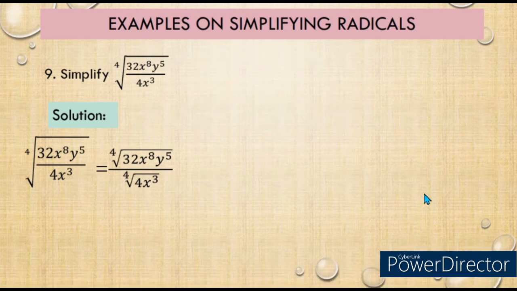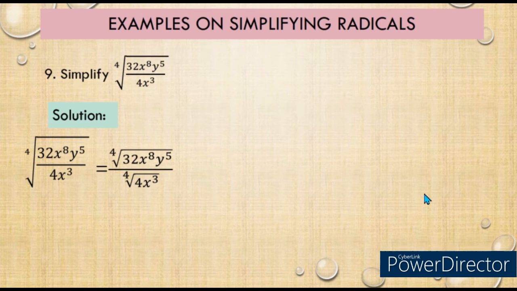So as I've said a while ago, hindi po pwede na magkaroon tayo ng radical sign sa denominator. So, anong gagawin natin? Okay, so we need to rationalize the denominator. Okay, so maghanap ngayon tayo ng number na pwedeng i-divide kay 4x cubed para maging perfect fourth root na siya.